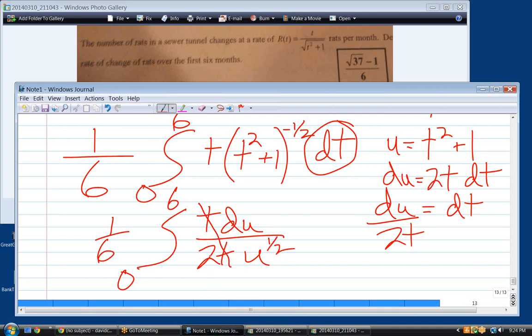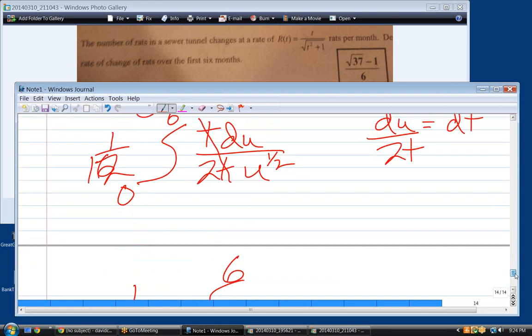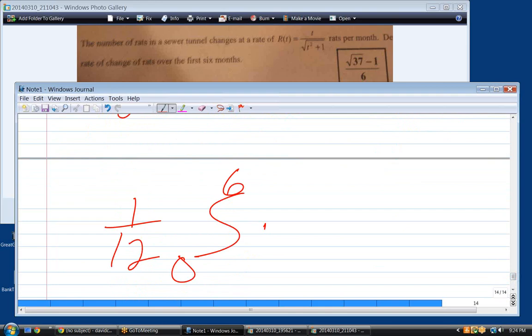I can take the 1/2 out, make that 1/12. So now I have 1/12 the integral of u to the minus 1/2.